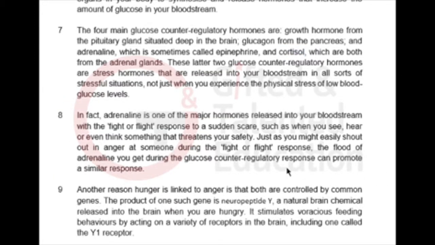In paragraph 8, we see the name of the chemical right here in paragraph 9. This is a natural brain chemical released into the brain when you're hungry, and it is called neuropeptide Y. And what does it do?